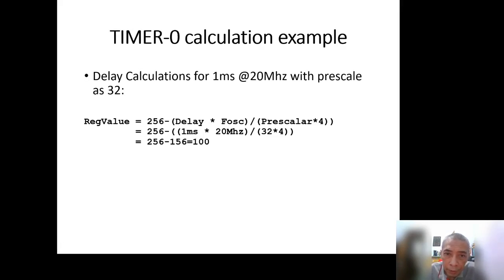So for example, for a delay calculation, if you want a delay of 1 millisecond using a 20 megahertz oscillator with a prescaler of 32 in timer 0, you have to write 256 minus the delay. The delay is 1 millisecond. The frequency of the oscillator is 20 megahertz, divided by the prescaler multiplied by 4, so 32 multiplied by 4.